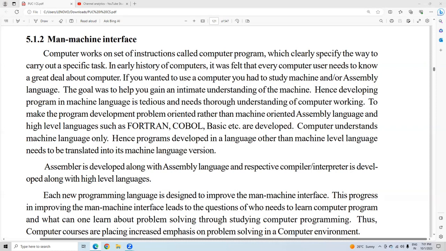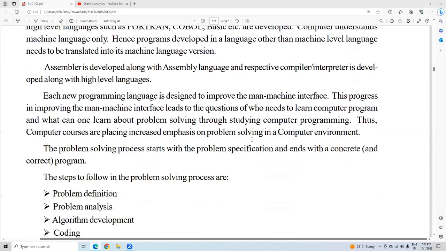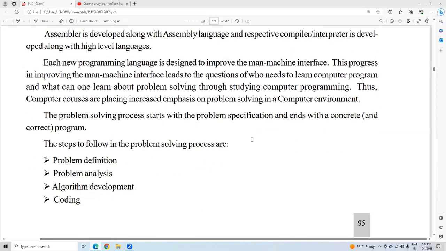For that, translators got developed, like the assembler for assembly level language, and the interpreter and compiler for high level programming languages. So each new programming language is designed to improve the man-machine interface.